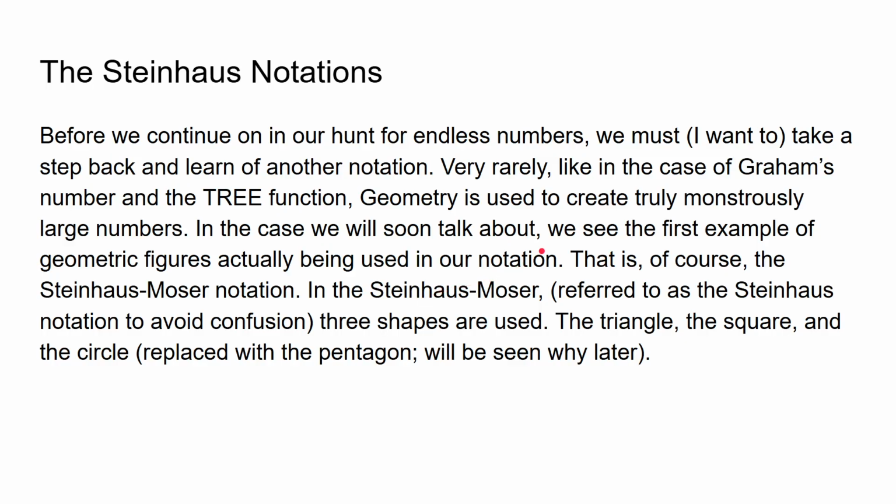So, the Steinhaus-Moser notation, three shapes are used: the triangle, square, and circle slash pentagon. It'll be the pentagon here. So, most of the stuff that we'll be talking about will be in pentagons, but I just want you guys to know the full story.